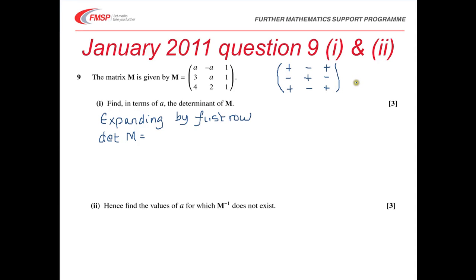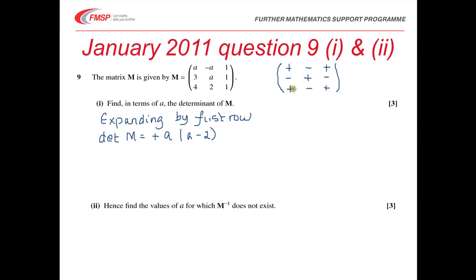So when we expand by the first row, then the first term is going to be positive, the second term is going to be negative, and the third term is going to be positive. So the first term is positive, and the entry is an A, we're going to cross out the first row and the first column, and then we're finding the determinant of this 2 by 2 matrix which is left. So it's going to be A times (A minus 2).